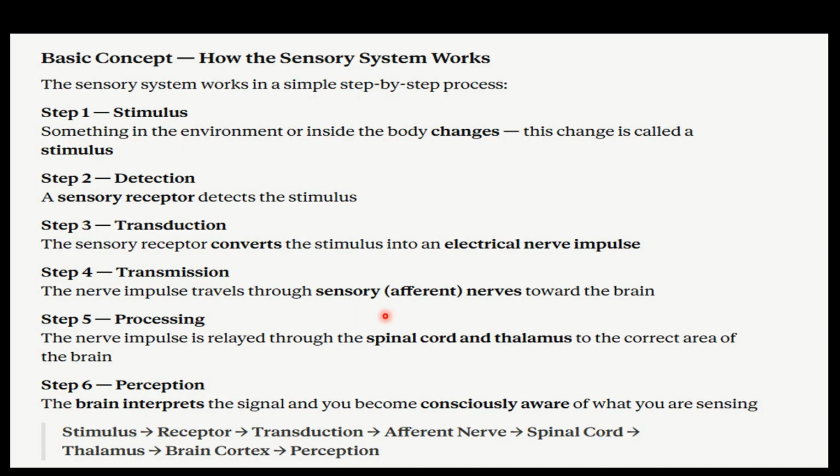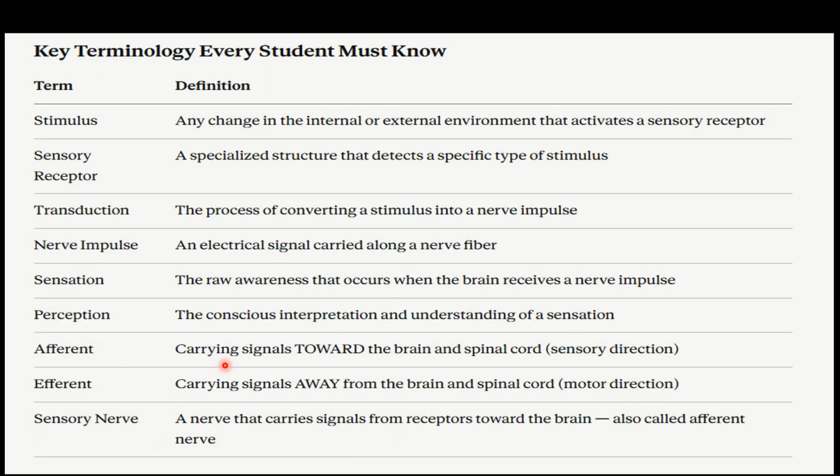And step 6 is perception. The brain interprets the signal and you become consciously aware of what you are sensing. So the overall process is stimulus, receptor, transduction, afferent nerve, spinal cord, thalamus, brain cortex, and perception. This is how the sensory system works.